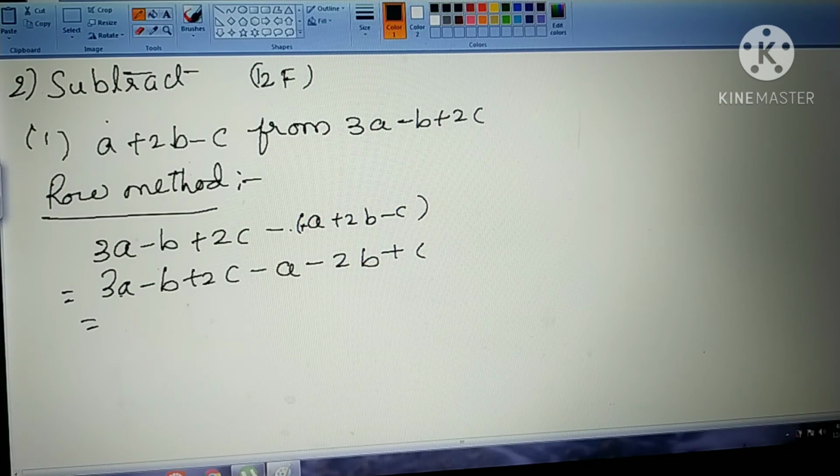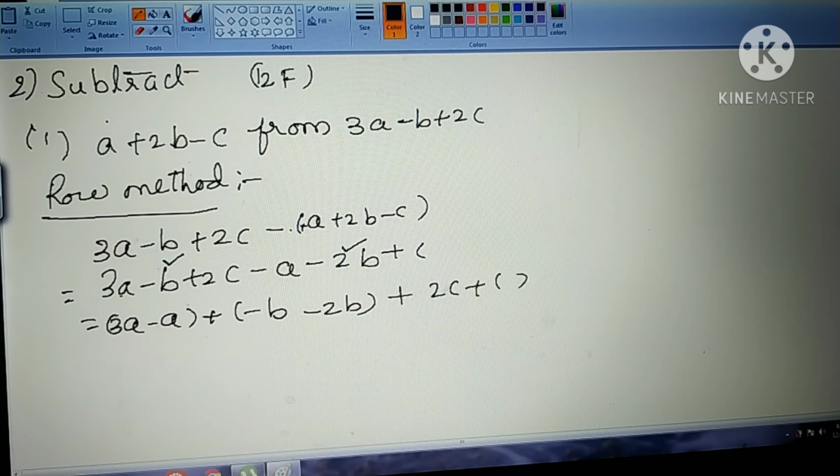So 3a minus a, 2a. I will write here one more step so that you can understand clearly. 3a minus a. So I am grouping the like terms here. After that, minus b minus 2b, I am grouping this like term b. After that, I am grouping the like terms c. So first I have written the like terms a.